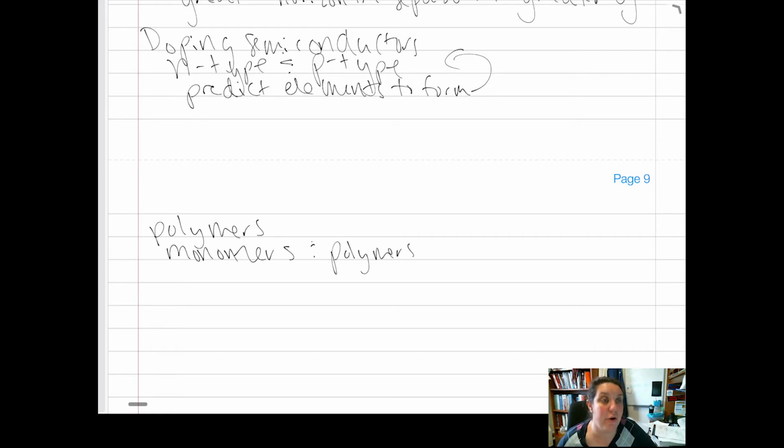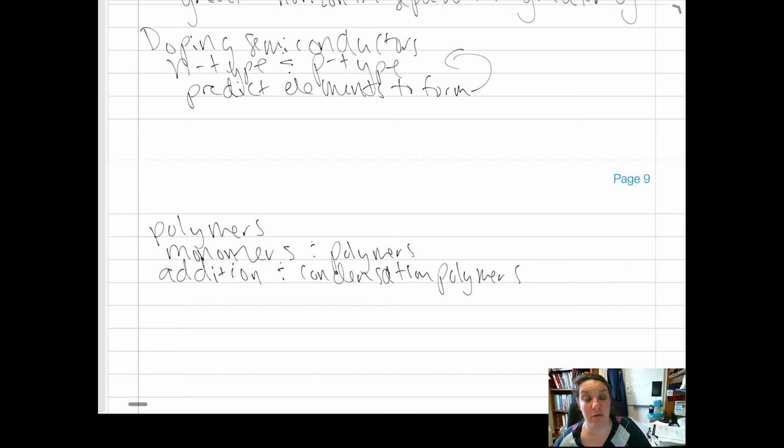You should know how to make an addition polymer and how to make a condensation polymer. So you should be able to look at these and determine if you've made an addition polymer or a condensation polymer, and you should be able to predict what type of polymer you are going to make. I don't really care much more about polymers.